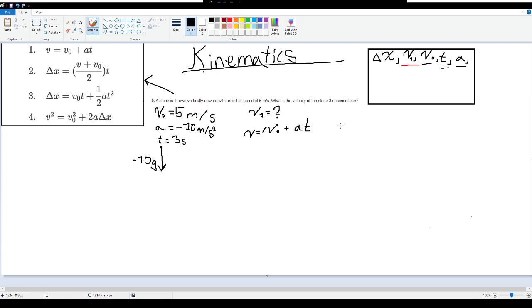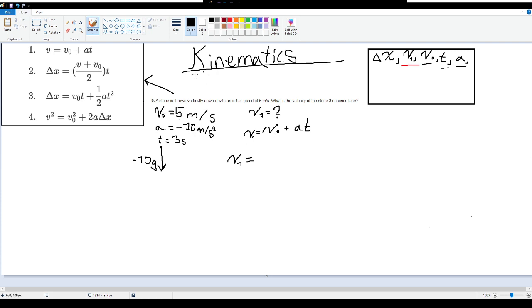And the next step, let's solve this problem for the thing that we need. Holy moly, it already is. Wow. Alright, so all we need to do next is plug in numbers. We have v1 equals v0, initial velocity.